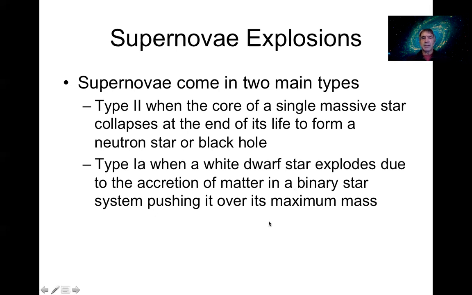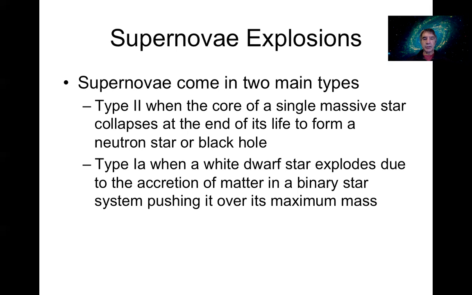So how do you add matter to a star? Well, we've already looked at binary systems. Now, if you've got 2 stars in a binary system that are very close together, the compact object can start accreting matter onto itself by pulling it off its neighboring star. Especially if that neighboring star swells up during its own evolution.